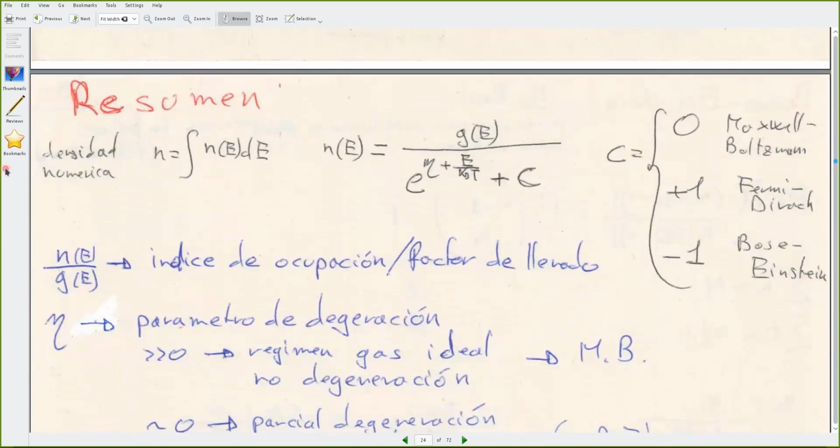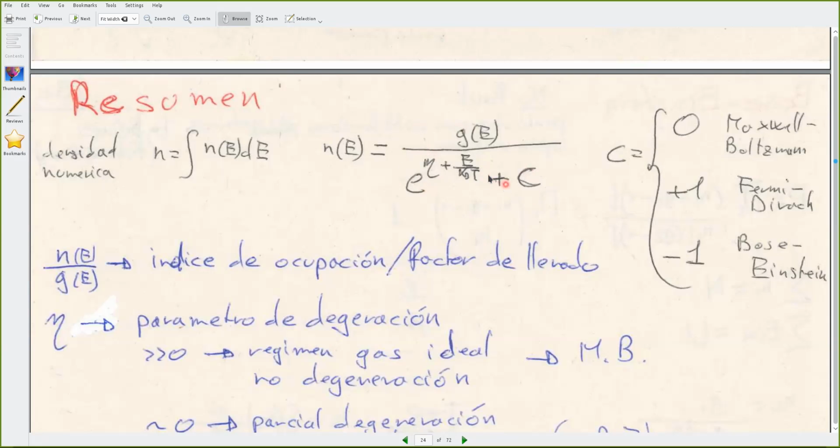Let me resume that for all three; it can be more or less expressed in this way. G is the number of states, and the exponential gives the weight of the state according to the energy of the state, with this term connected to the energy modificator for the energy conservation of the particle.